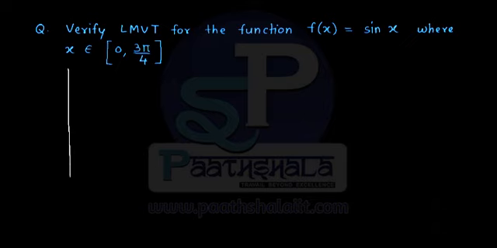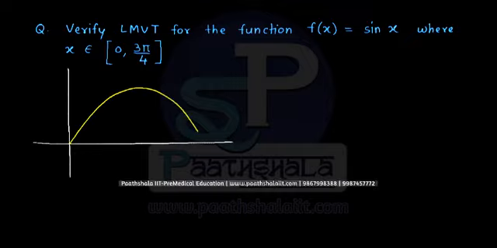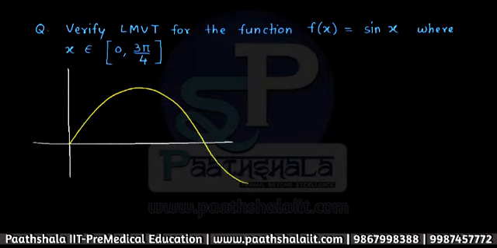First of all, let us quickly draw the graph of the sine function. The peak is at pi by 2, and it becomes 0 at pi. Initially it's 0.